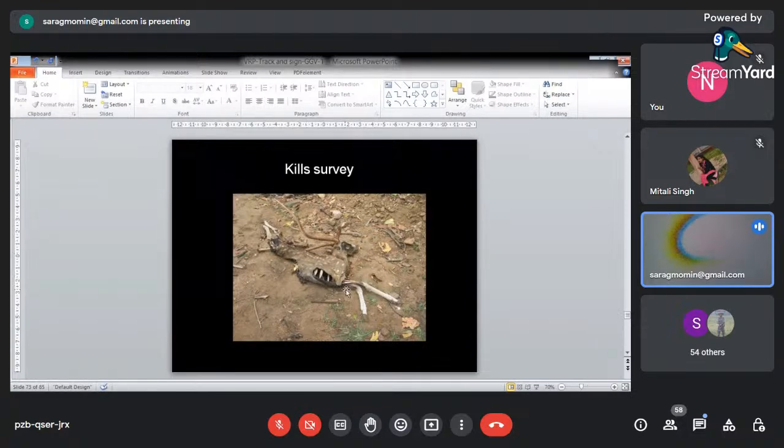Actually, this deer died naturally. That's why its entire body is intact. It was not killed by any predator, neither tiger nor leopard, nor even a human being. It's a natural death.